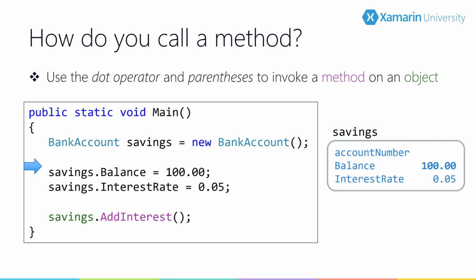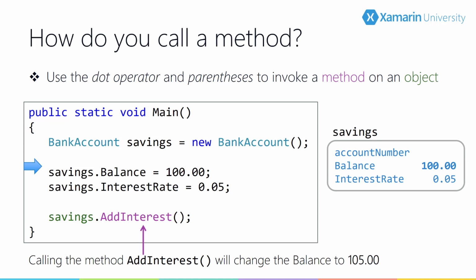So the way that we call a method is just like how we would maybe access a field. So in this situation, we have a bank account created, we have our balance and interest rate defined, and I access the add interest method by just using the dot operator. I say savings dot add interest open close semicolon. So I just access it by the name of the method.